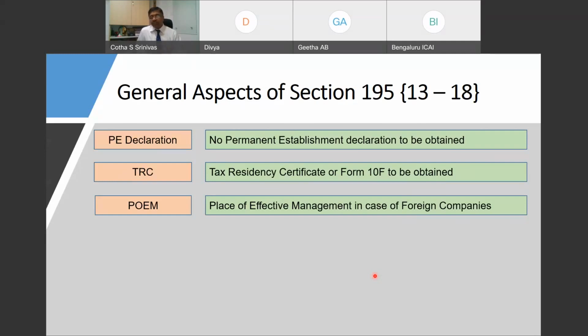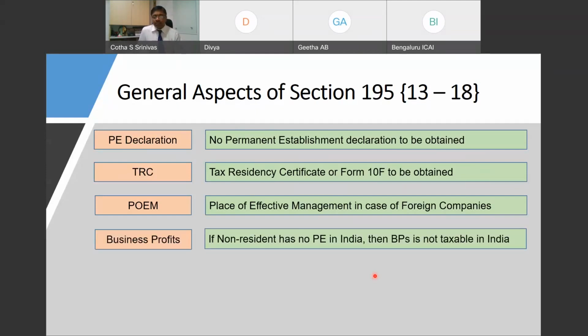So if in any part of the previous year the place of effective management is in India, then that particular foreign company is also considered a resident company. So we may have to obtain the POEM declaration, that is, whether for a foreign company they had a place of effective management in India. All those details we have to obtain from a non-resident foreign company.